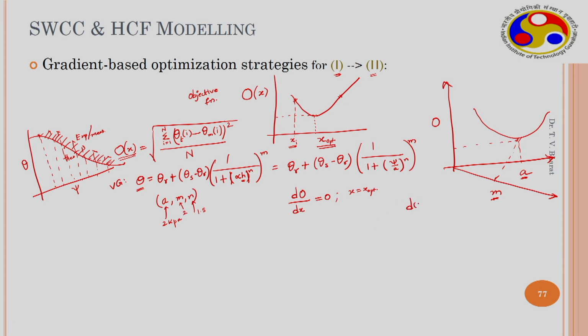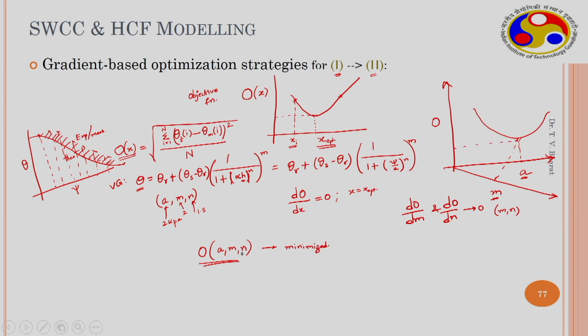Therefore dO by dm and dO by dn should approach 0 at the optimum value, and that set of m and n we determine. So we build an objective function O in terms of A, M and n if you have 3 parameters to determine, or simply A and M if only 2 parameters, and the objective function is minimized.